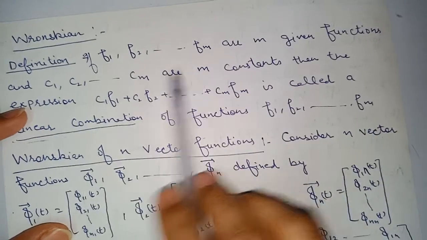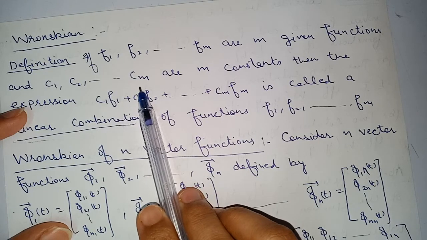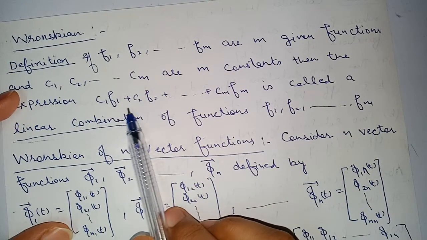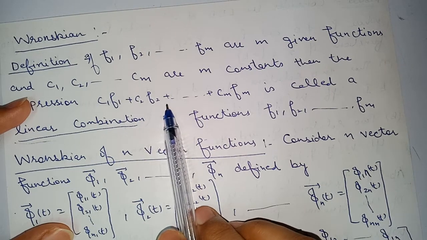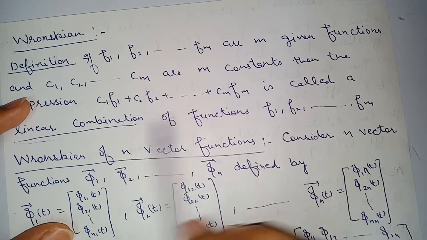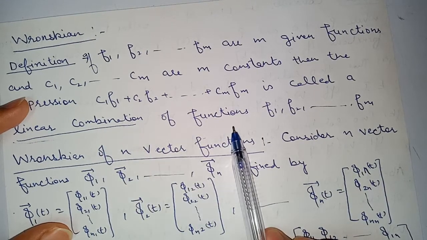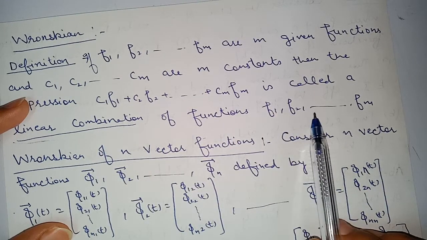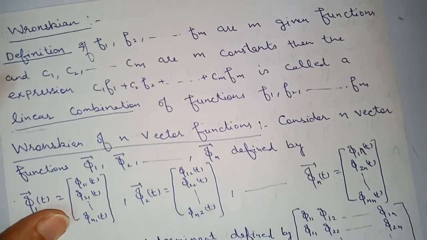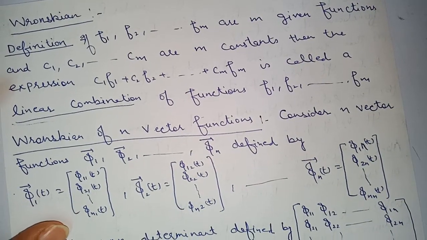These are given functions and these are corresponding constants. Then the expression c1 f1 plus c2 f2 plus up to so on cm fm is called a linear combination of functions f1, f2 up to so on fm. So this is our linear combination of m functions.